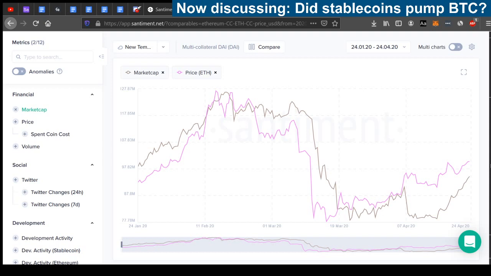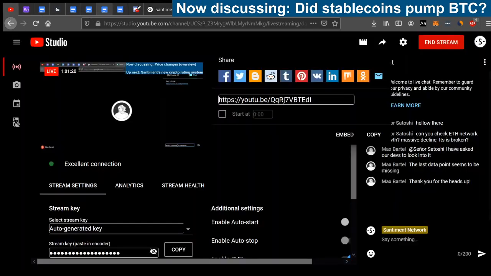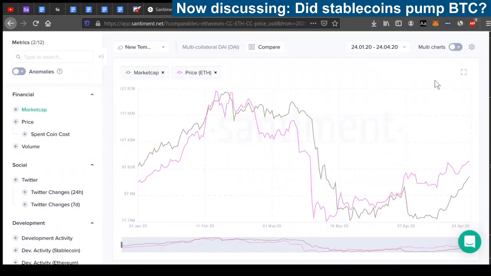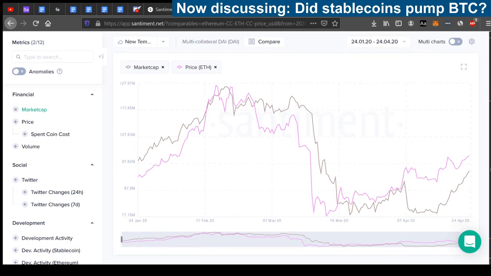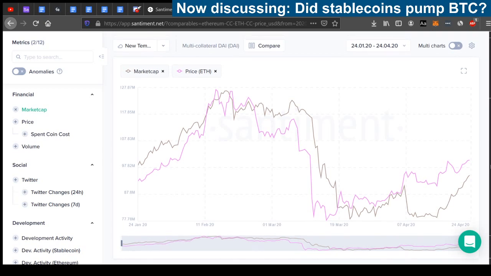And you can only pay back your DAI using DAI. You can't pay it back with USDC, though you can pay it back with Ethereum, but still there was a huge liquidity crisis, and that's why DAI is still exchanged for more than $1.